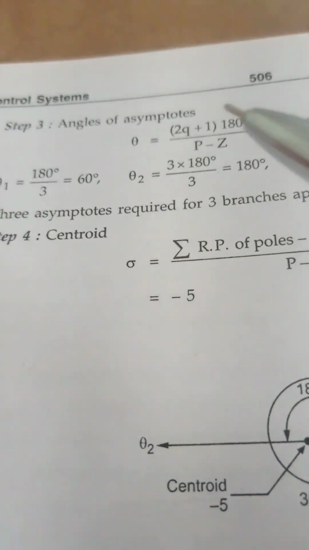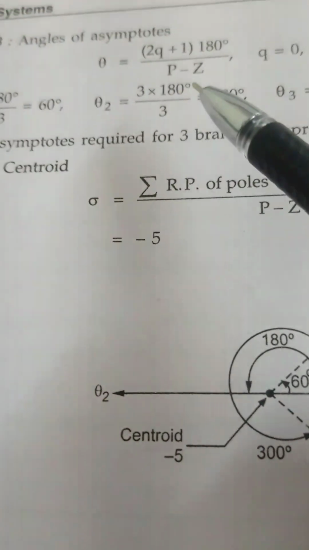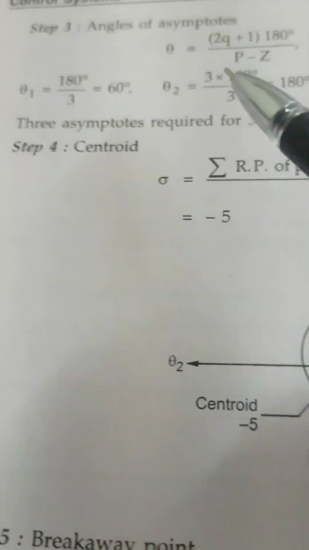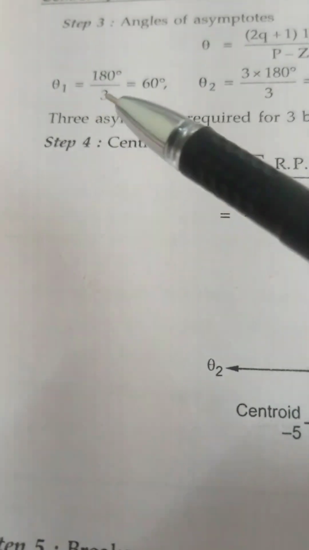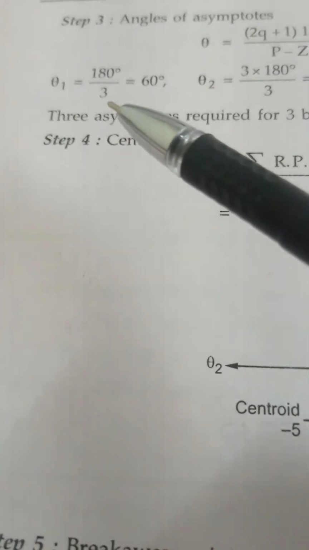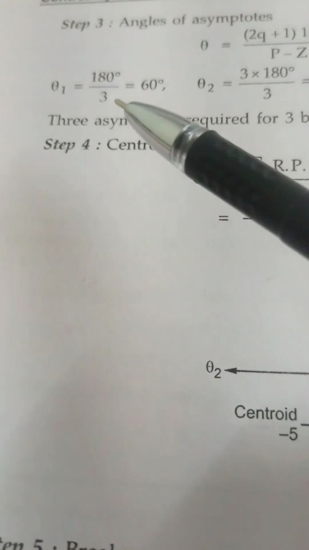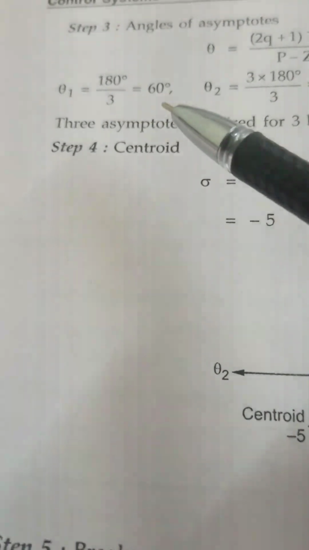Why 3? Because the total number of poles is 3. In the last example we had p minus z as 3 minus 1, therefore 2. But here the number of zeros is 0 and the number of poles is 3, so we divide 180 by 3, which is 60 degrees.